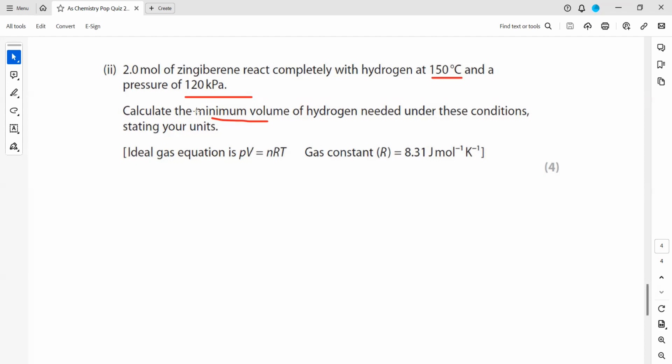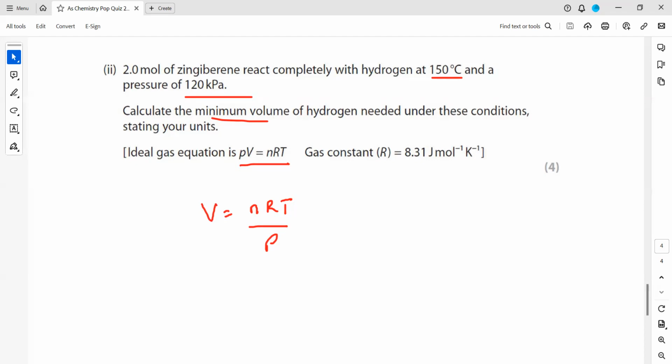So we need the volume. From this equation, the volume will be equal to nRT divided by P, where n is the number of moles, R is the gas constant, T is the temperature, and P is the pressure.